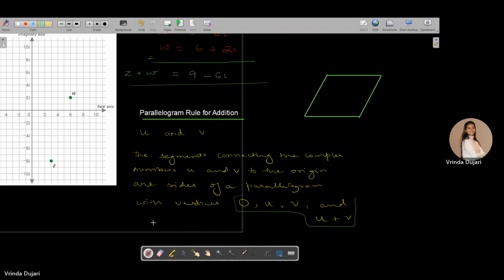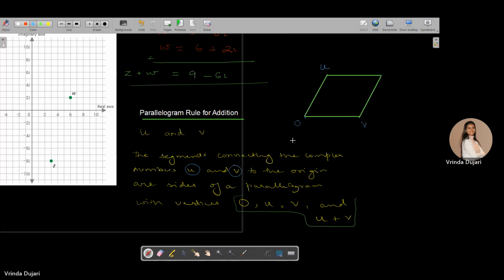Now, let's say that this point is your origin. On the complex plane, this is your origin, and this is the complex number u. This is the complex number v.